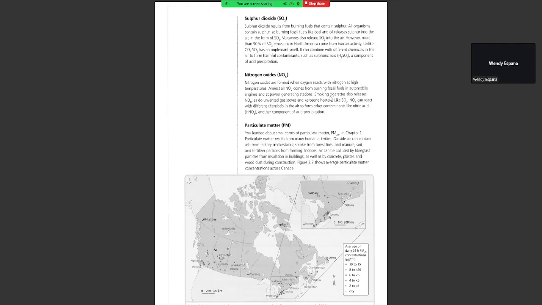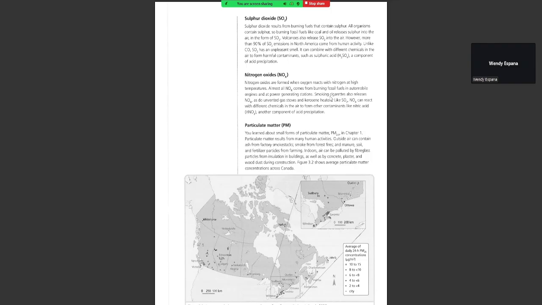You have to be careful when you're burning something, when you have a gas stove, kerosene heaters, any of those types of things, because nitrogen oxide can be produced and then react with chemicals in the air, and it forms contaminants, in particular nitric acid.